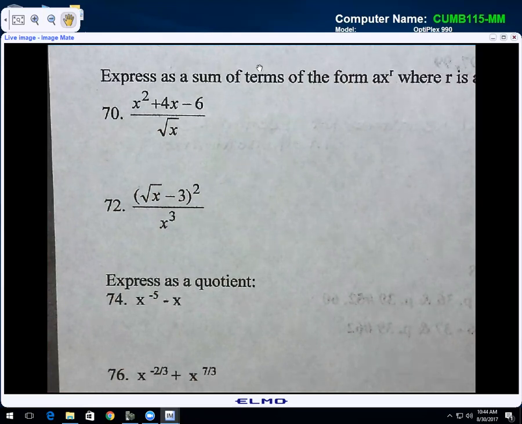You can divide all 3 terms in the numerator by the denominator. Now, one other thing, just so I don't have to add another step here, how could I write square root of x with an exponent rather than a radical? X to the 1/2.